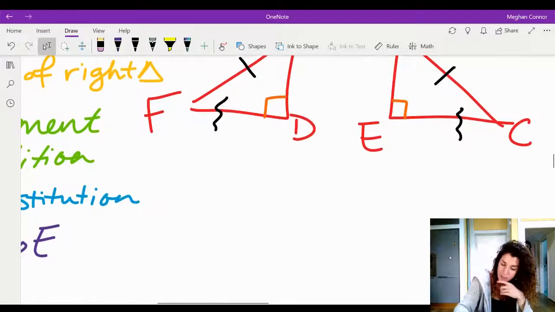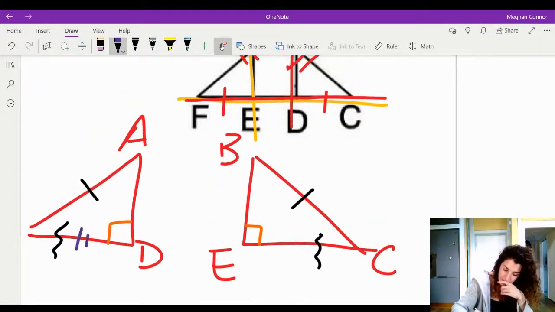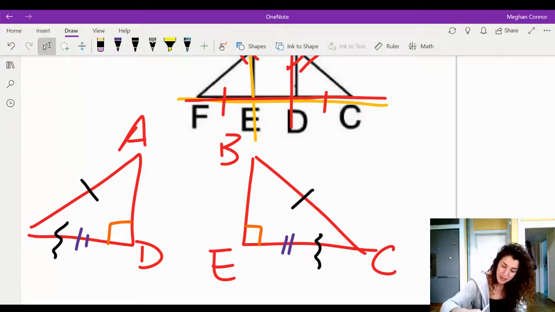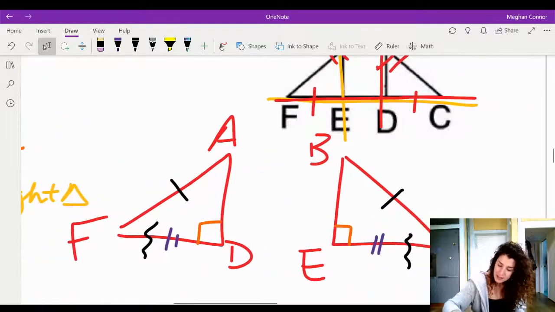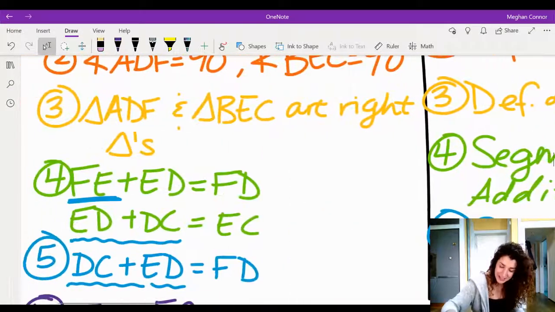And now I've proven that those guys are equal. And now I can say, well, I know that those two triangles are equal because of HL. FAD and BC or CB.